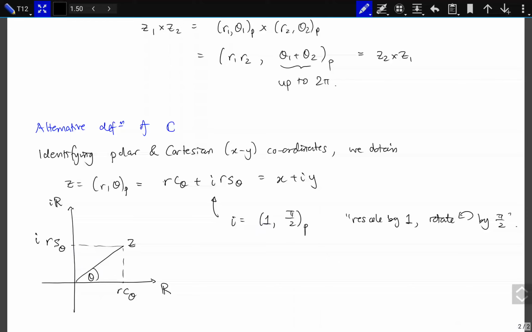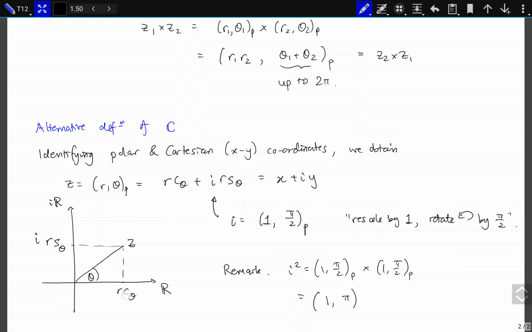So as a final remark, if I do that twice, I multiply the sizes, 1 times 1 is 1, and add the angles, pi by 2 plus pi by 2 is pi.